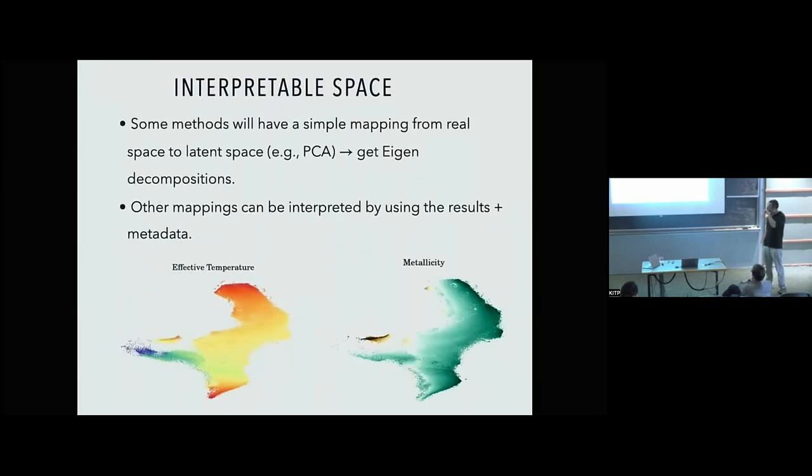Another point is about the interpretability of the space. You don't always have this sort of eigendecomposition where the axes actually have a true meaning, but by using the metadata and everything you have, you can make that space interpretable and understand where the different kinds of objects cluster. As I showed, this is what I mean by interpretable in this context: how different objects cluster and go together.